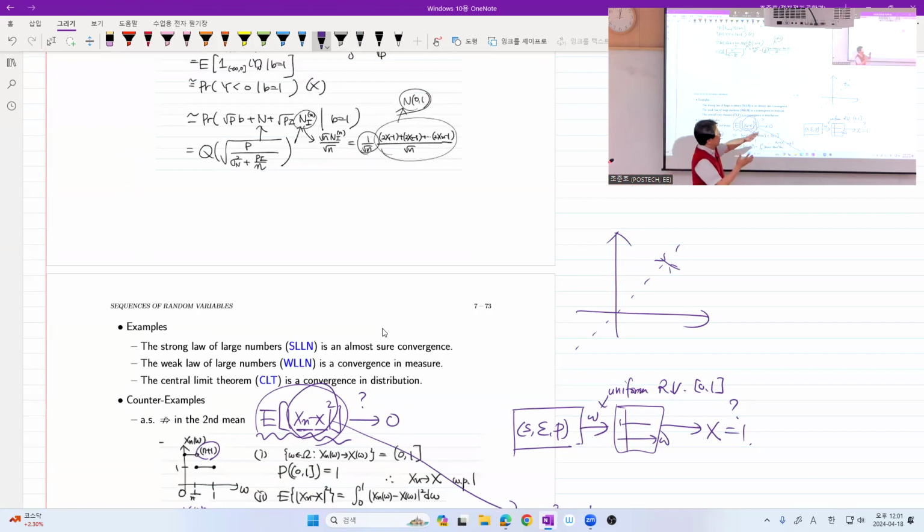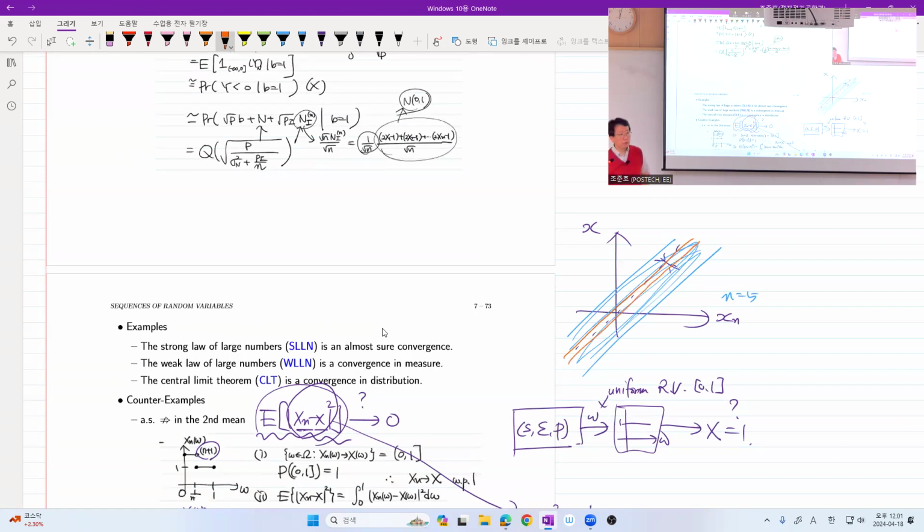What does that mean? As n tends to infinity, the gap between 2 parallel lines to x equals y becomes smaller and smaller. So it's like this is the xn axis, this is the x axis. When you have some n, then you have some dots here. If you increase n, then you have some narrower gap, right?